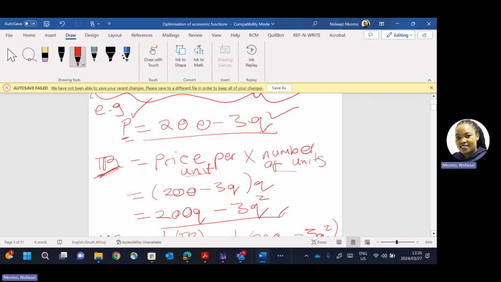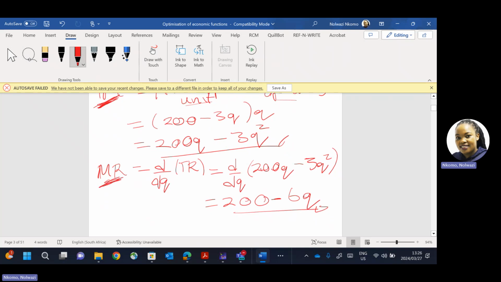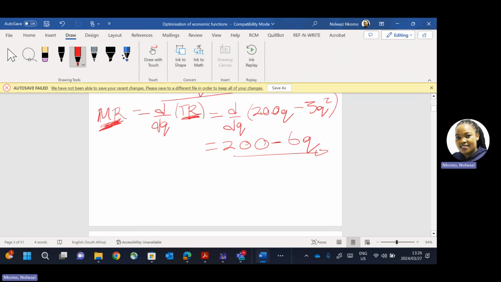If the derivative of this total revenue is zero, then those are the turning points for the total revenue. And since the marginal revenue is the derivative of the total revenue, the turning points of the total revenue function would be when the marginal revenue is zero. Okay, let's try and do that.